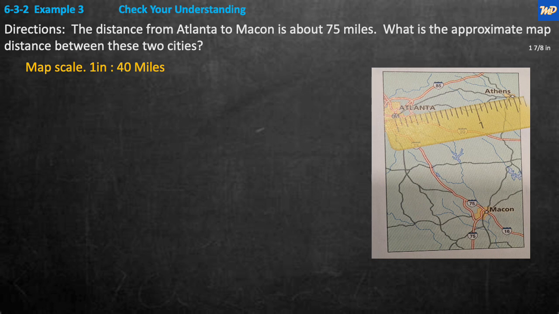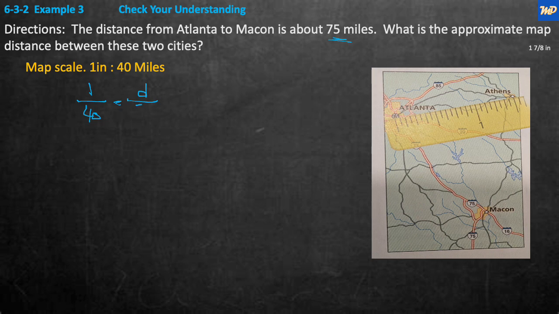So I'm going to say 1 inch in 40 miles is equal to D, the distance in inches, over 75 miles. They told us how far it is from Atlanta to Macon.